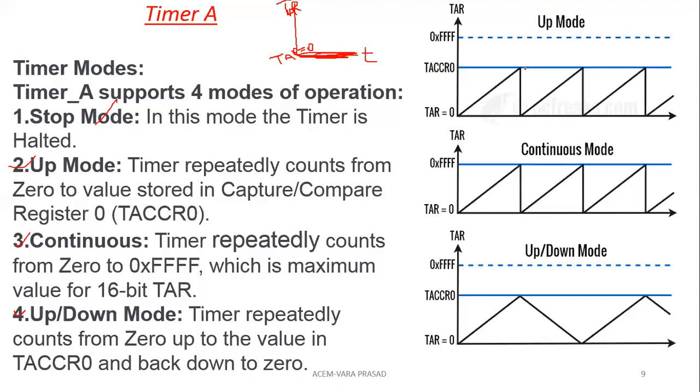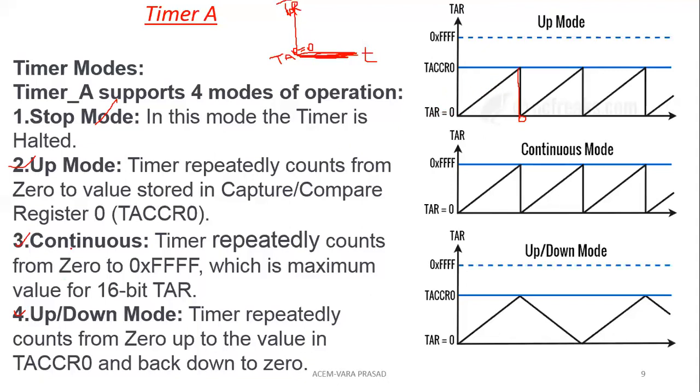When it reaches the CCR register's maximum value, the count suddenly decreases to 0 in the TR register. Again, the count increases 1, 2, 3, up to the maximum value available in the TACCR. That is called up mode.